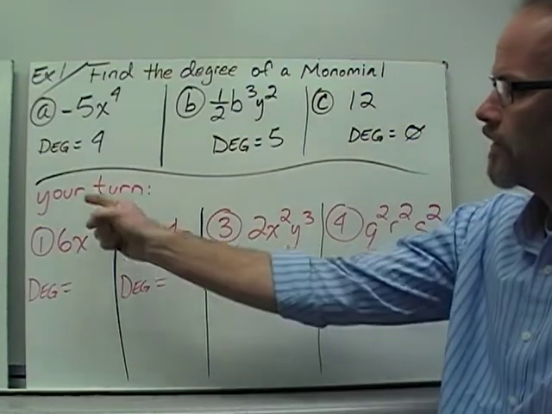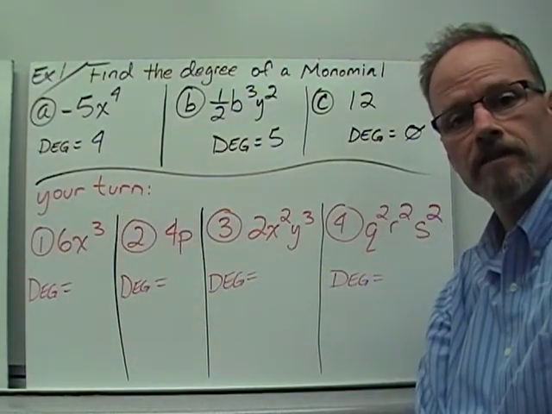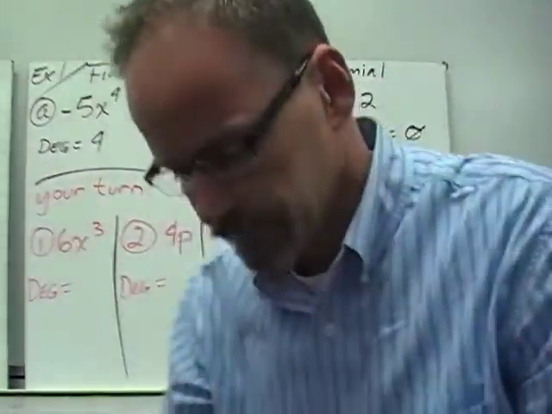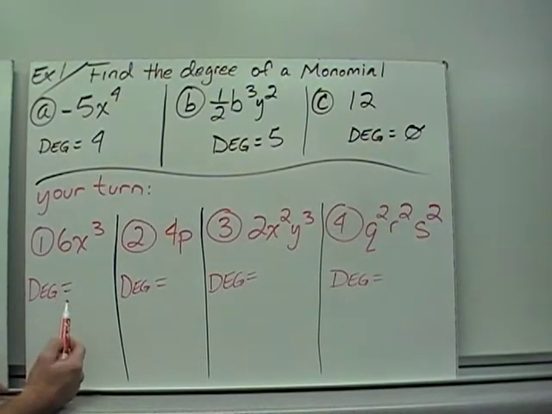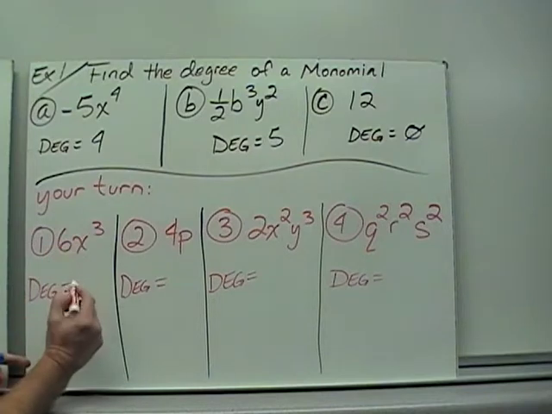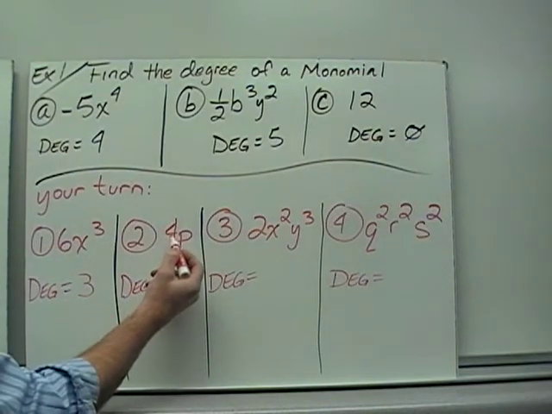All right, your turn right here. I want you to pause it, and come back and see if you did it right. I'm going to go ahead and start doing it right now, though. Looking at the degree here on the first one, I look at the variable, the exponent, and the degree will definitely be 3. Right here I have a 4.